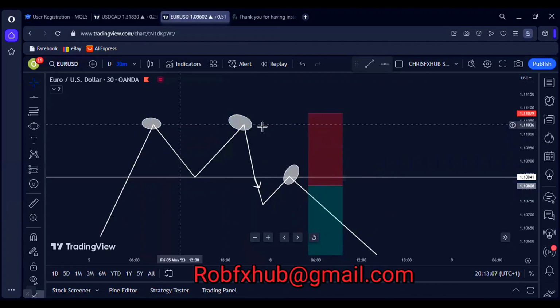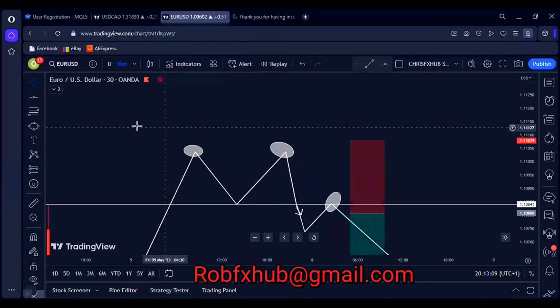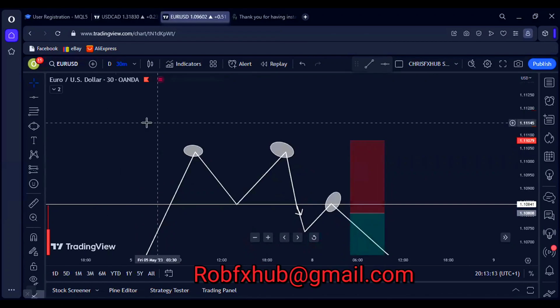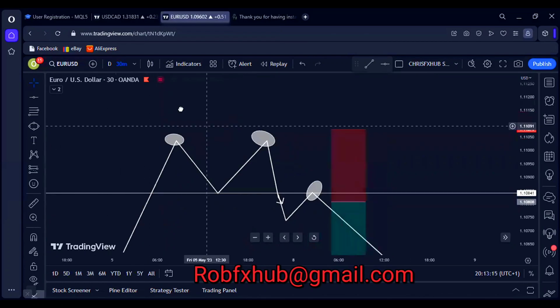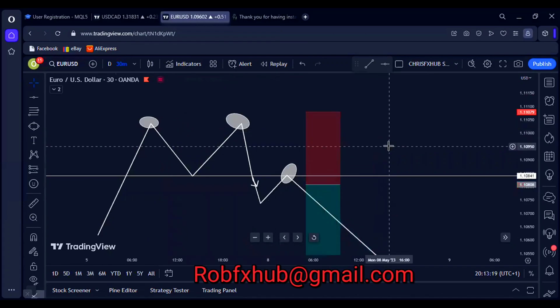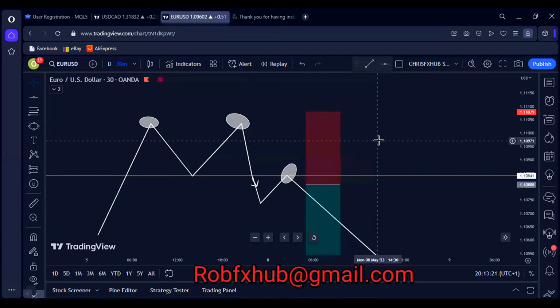For example, with these two, there's nothing behind them that is logical enough to place your stop. So always wait for the market to form a lower high before you sell.